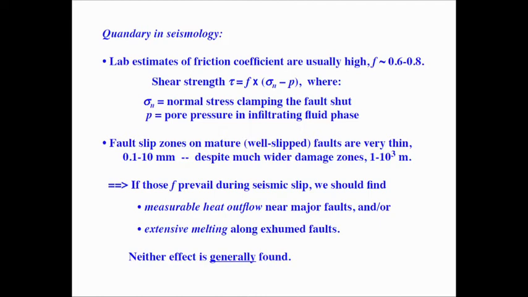And while occasional signs of melt, typically from faults that are thought to have been active at depths of order 10 or more kilometers, are found, in general we don't find either of these. So that's the quandary. Our most direct expectations from lab measurements of friction and from what we know about how thin the zones that take up a lot of slip are, these are the things that should happen, should be observable, and they are not.